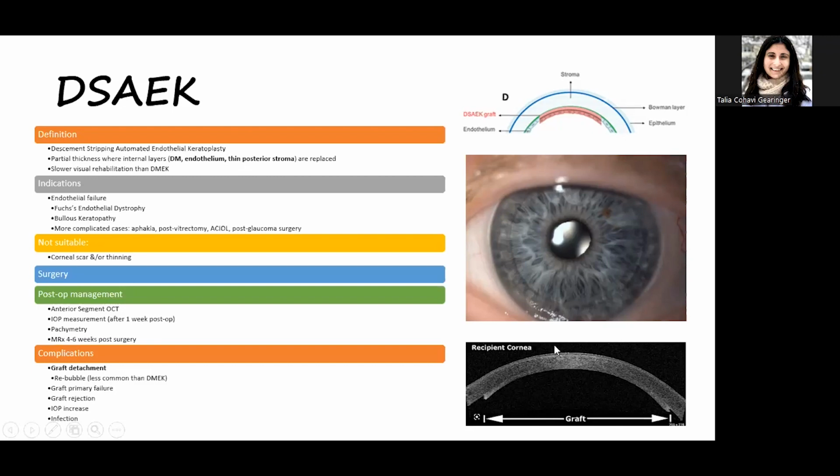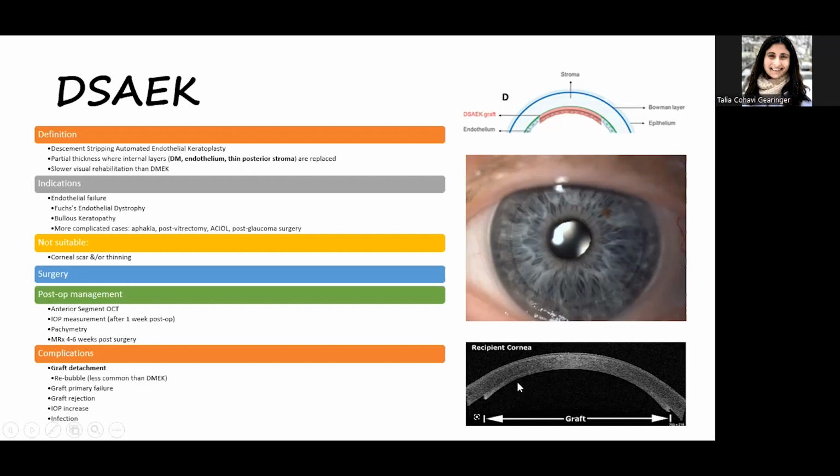And here we can see why the anterior segment OCT is important in these cases. Here we see this extra tissue lining the interior part of the cornea. That's the corneal tissue that was transplanted into the patient. Just keep an eye on how it looks in the anterior segment OCT and how it differs from the DMEK.